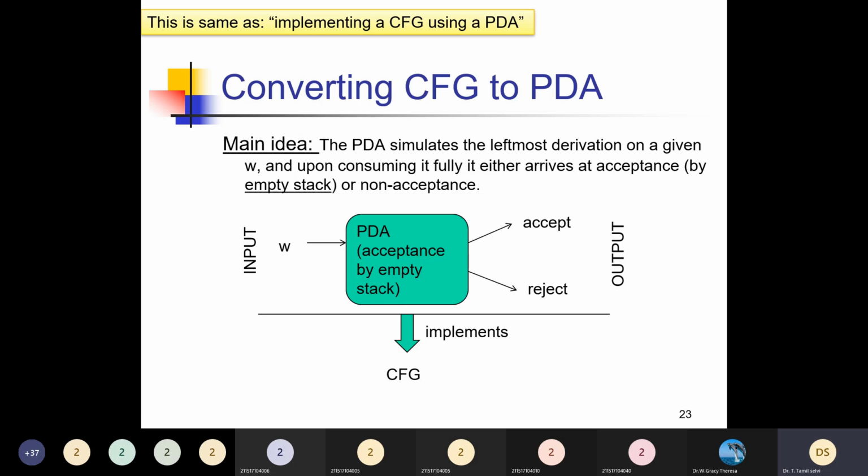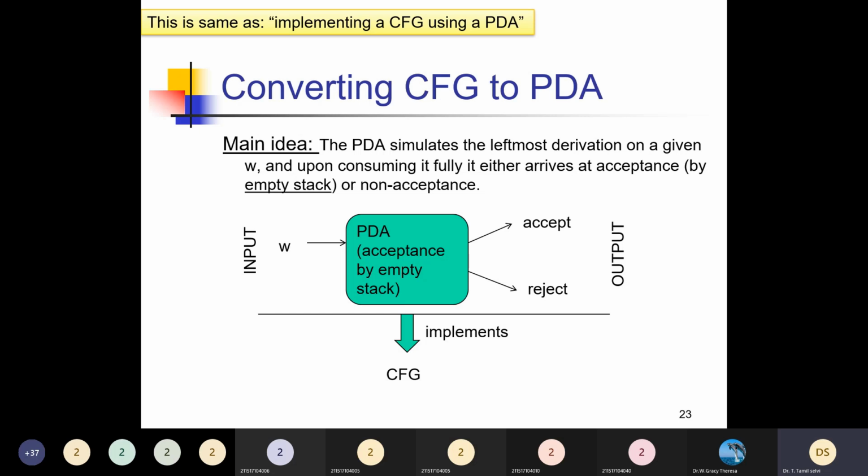And then in rightmost derivation, at each step of derivation, the rightmost non-terminal is replaced by its production. So what is production here? Which is nothing but the rule. The general form of a production is a non-terminal followed by an arrow symbol and then a combination of terminals and non-terminals on the right hand side of the production.